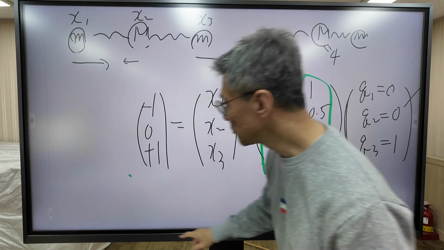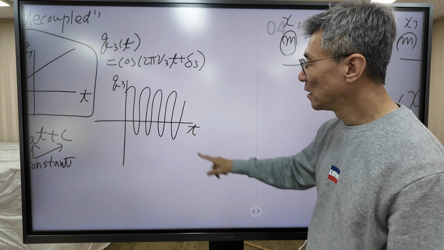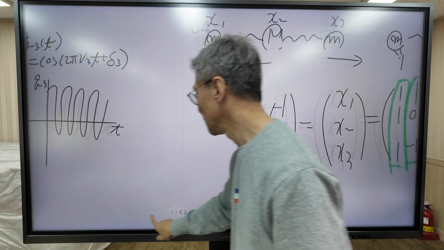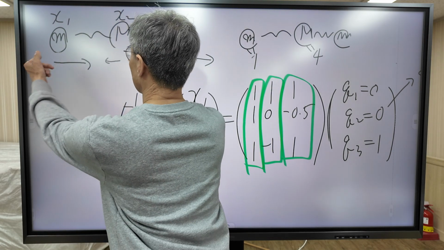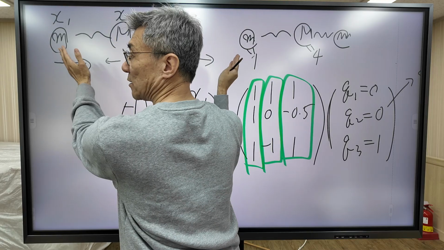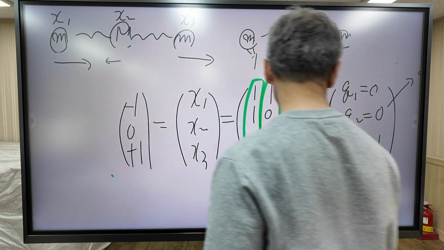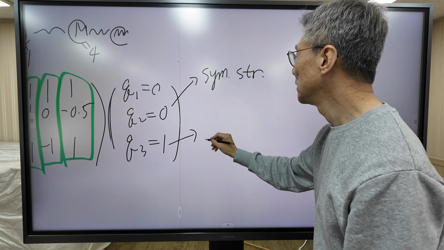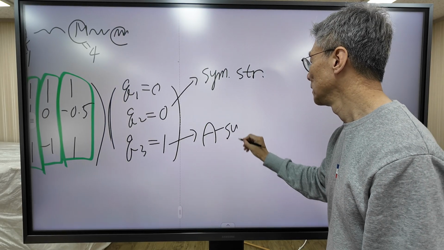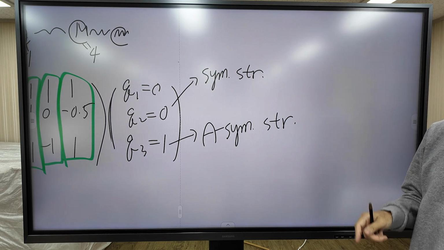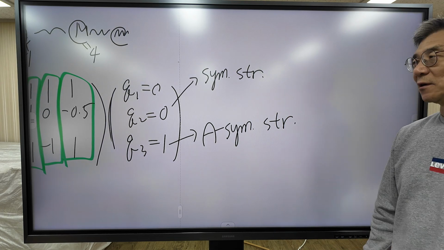And furthermore, Q3 also oscillates plus minus. So the atoms move like this: this one compresses, this one stretches, and they oscillate. So this mode may be called asymmetric stretching. So we can give a physical meaning to each vibrational mode.